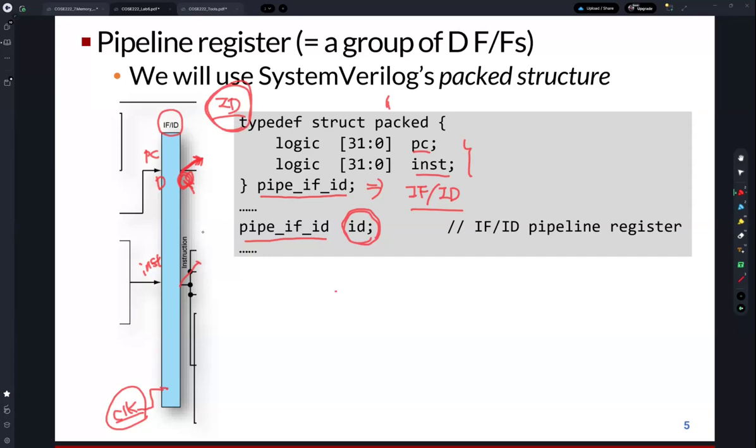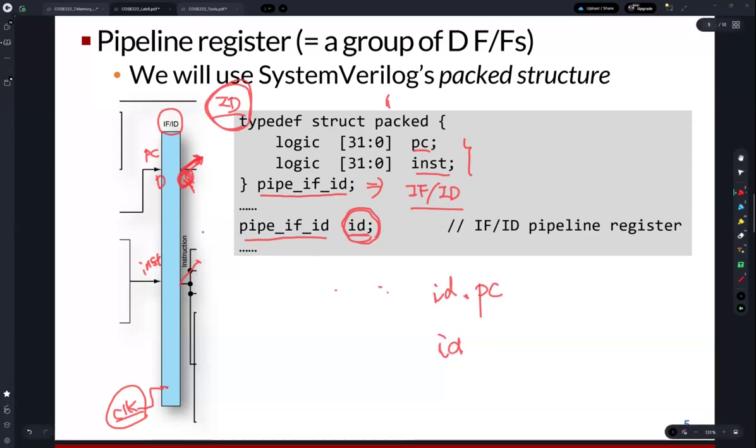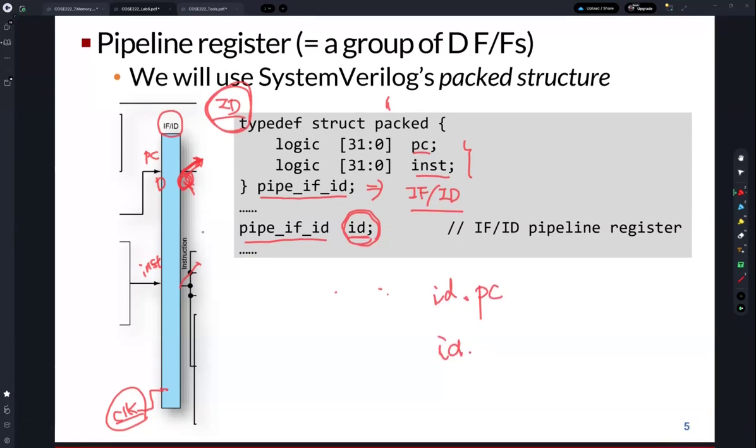That's why I named this variable ID. Then we can use these signals like ID.PC or ID.inst. So we can use the signals like this.